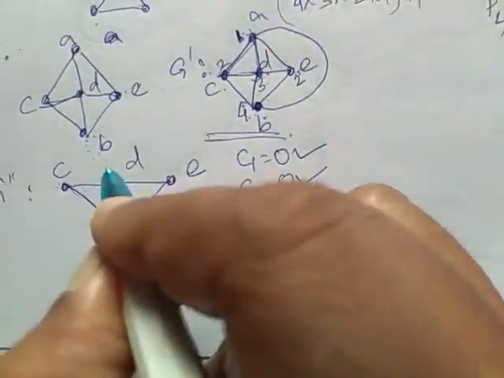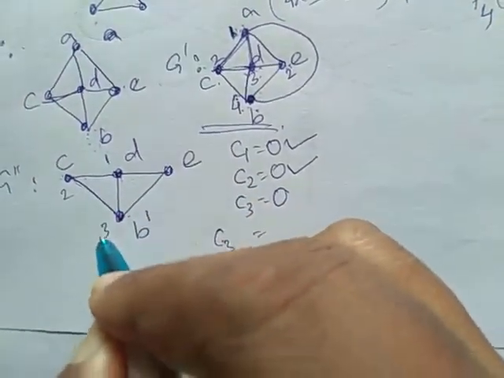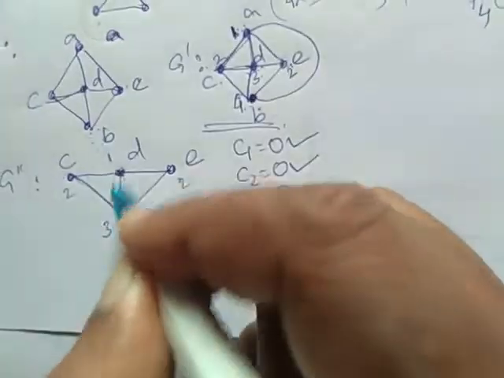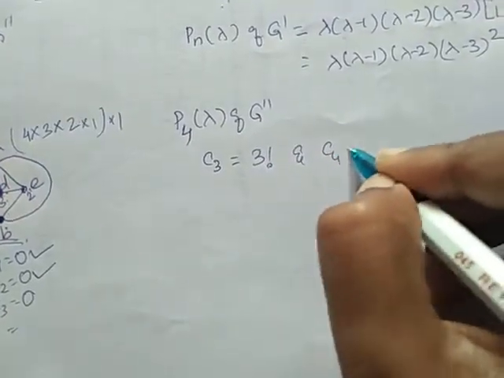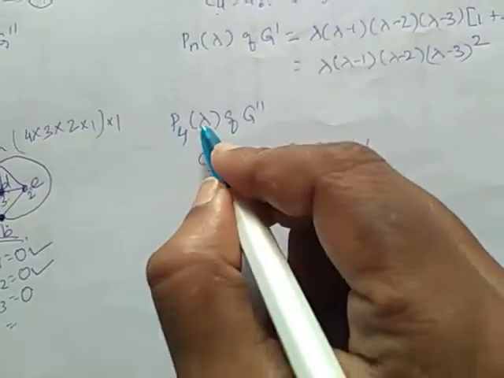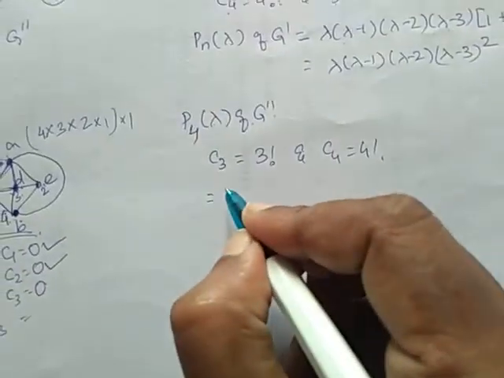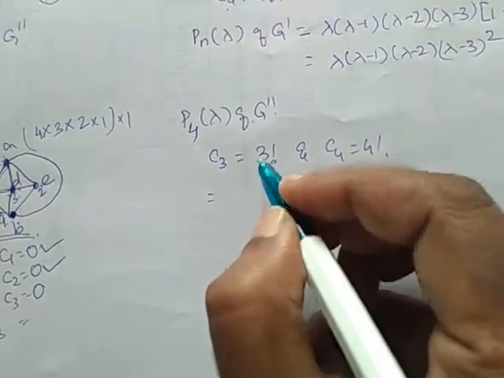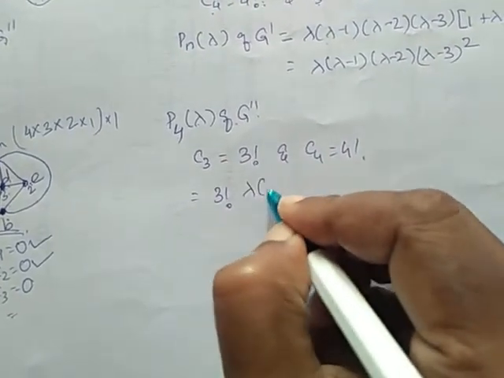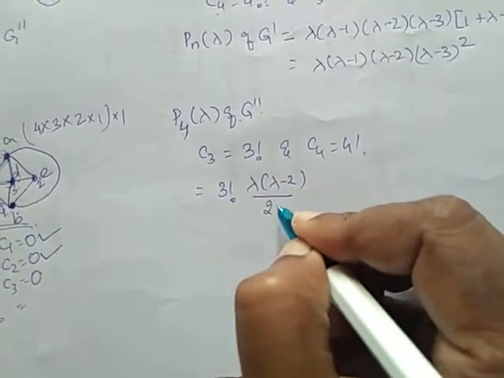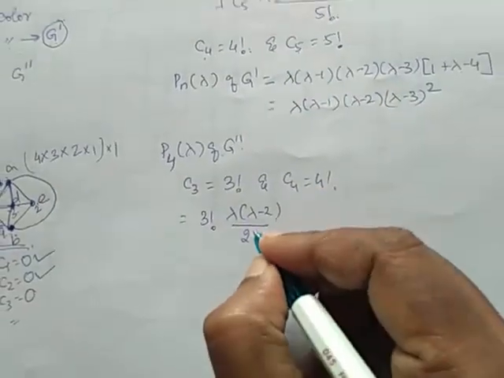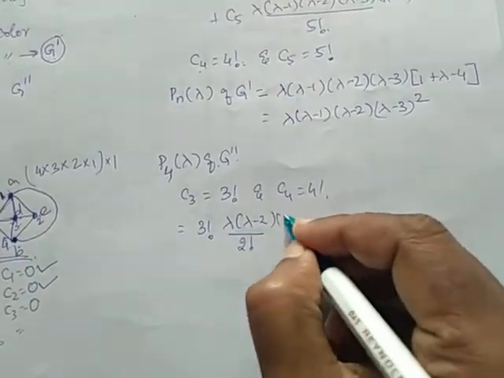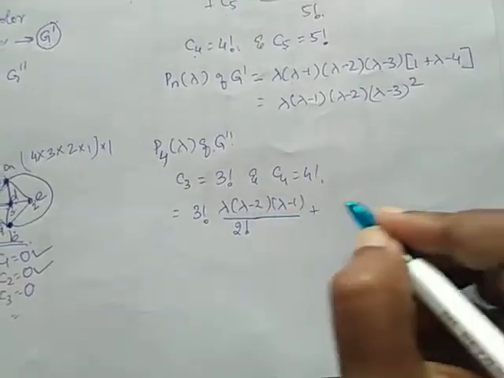Now we are having 3 colors. I have given 1 color, 2 color, 3 color. Obviously this should be 2, because we cannot choose 1 or 3. Therefore C3 is 3 factorial and C4 is 4 factorial. So what is P4 lambda for G double dash? C1 is 0, C2 is 0, C3 is 3 factorial into lambda, lambda minus 1 into lambda minus 2 by 3 factorial.